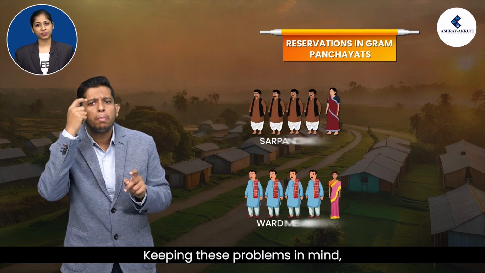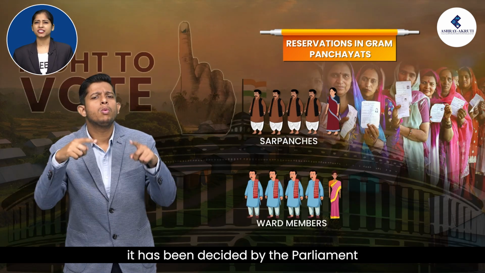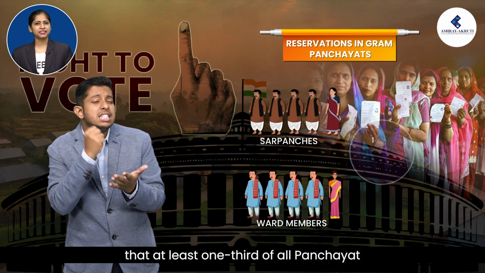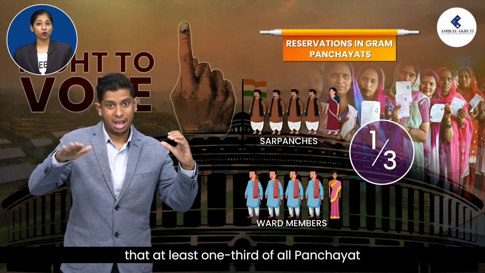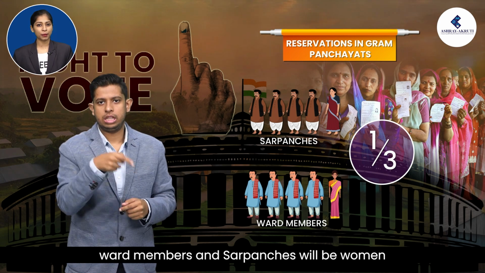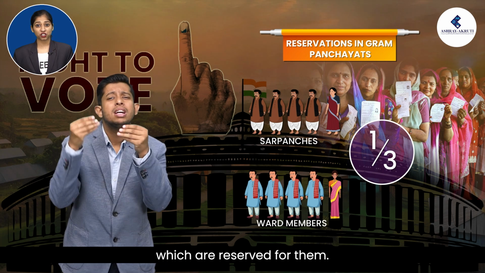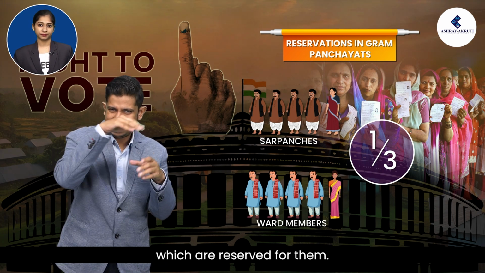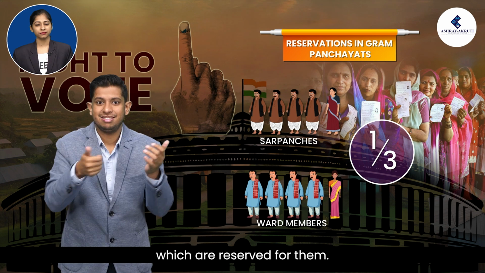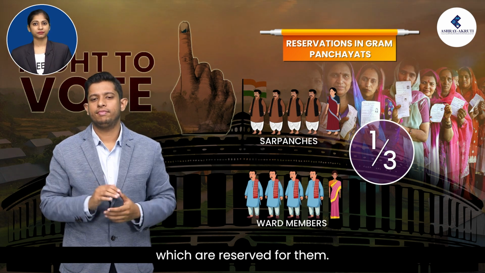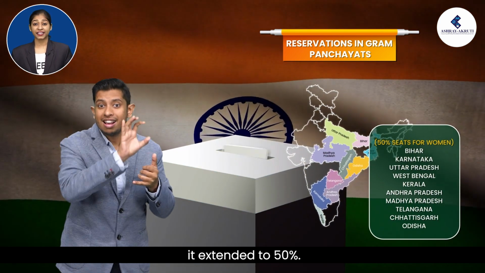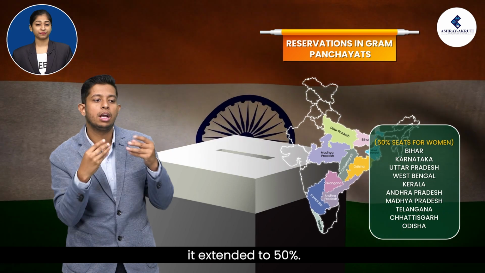Keeping these problems in mind, it has been decided by the Parliament that at least 1/3 of all Panchayat ward members and sarpanches will be women, which are reserved for them. In a few states, it is extended to 50%.